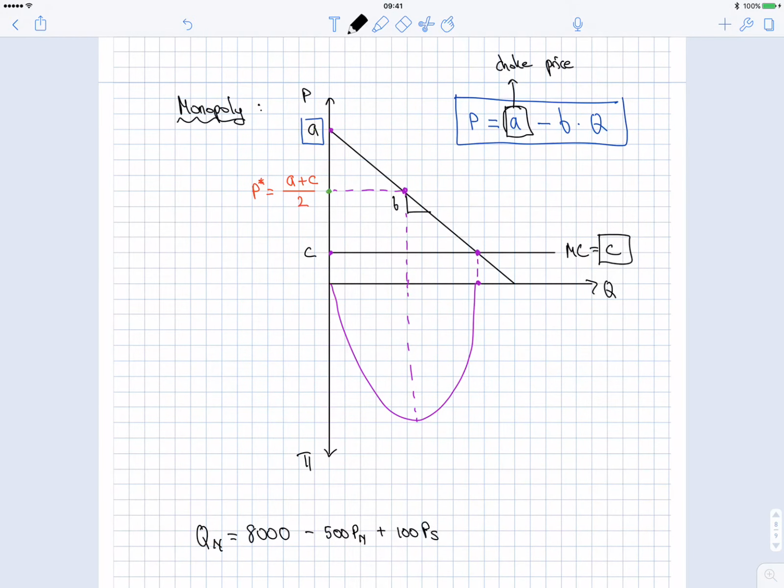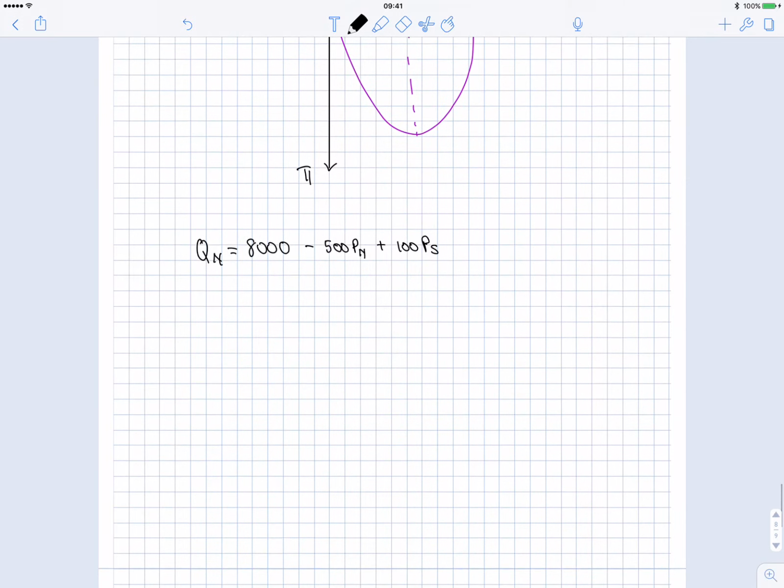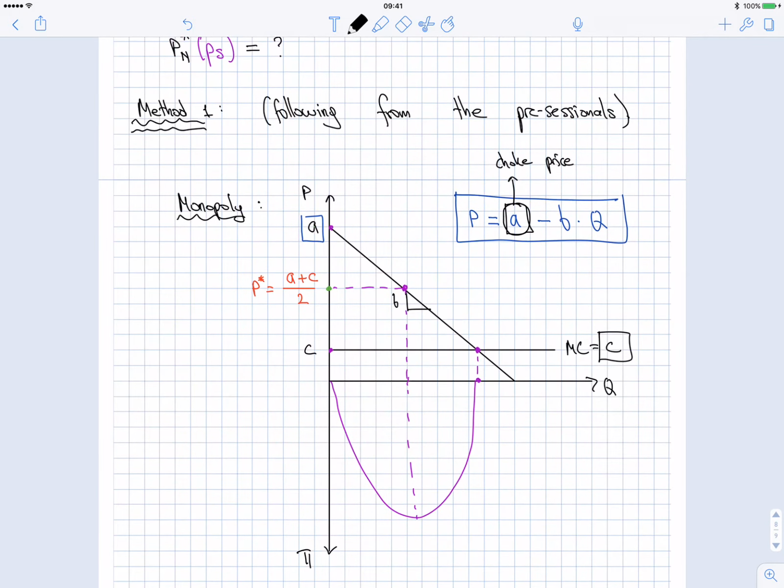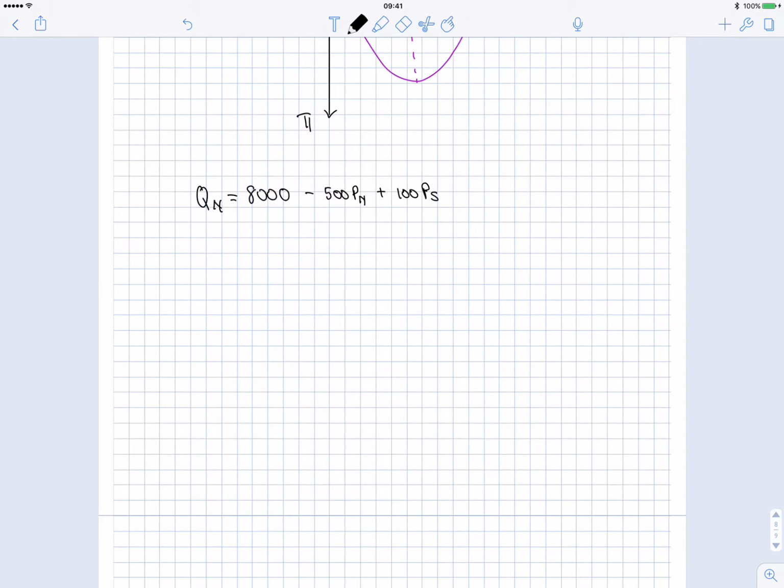I would like to know what this choke price is. It's not very difficult, because what I will have to do to get there is just rearrange the Pn on one side and everything else on the other, because this function here had P on one side and quantity on the other. So let me try and do that rearrangement.